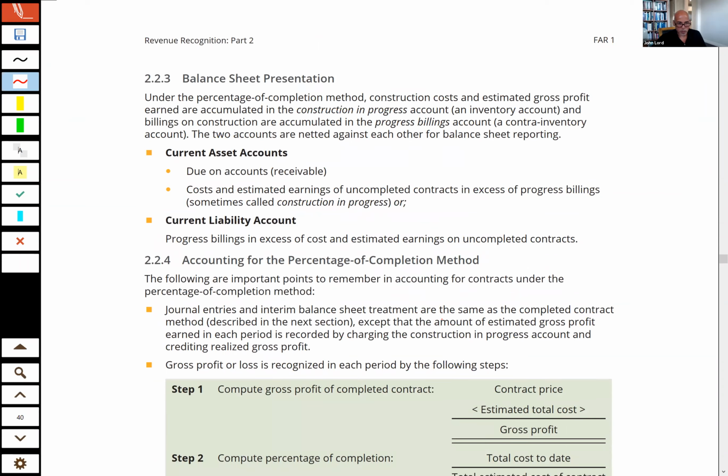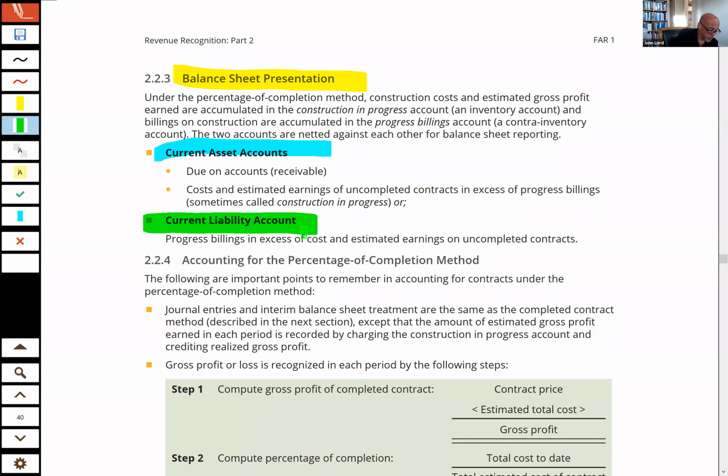Now we start to talk about the balance sheet presentation. Let me tell you that most questions are going to focus on the income determination. You will probably see maybe one question that asks you the balance sheet presentation of a contract as it's going on. What we have are current assets or current liabilities here.